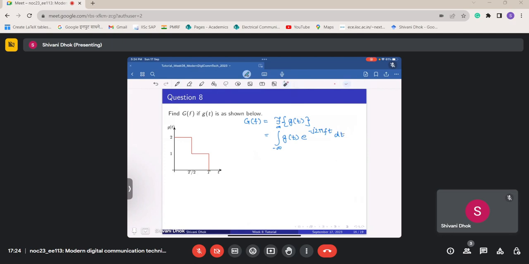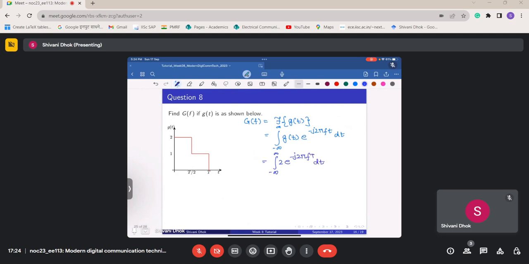Now if you observe carefully, this g(t) is non-zero only for a range of 0 to capital T. And if that is the situation, instead of integrating from minus infinity to infinity, I can just integrate over a limit of 0 to capital T. Now another thing to note here is from 0 to T by 2, this g(t) takes a value of 2, and from T by 2 to T it takes a value of 1.